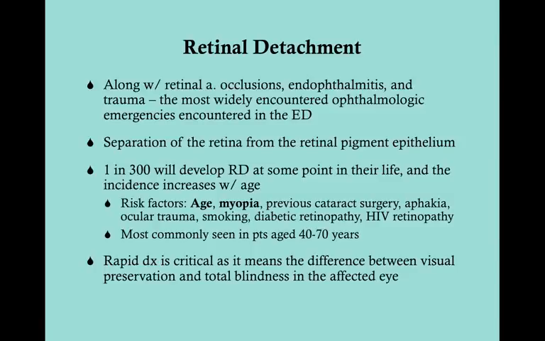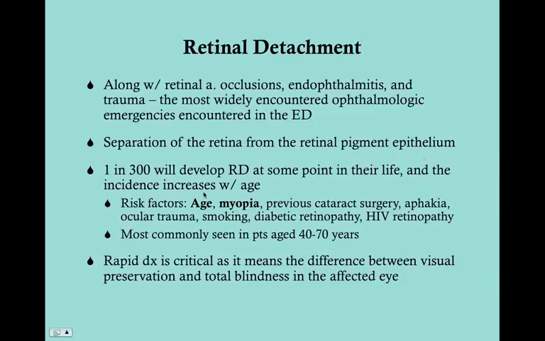The retinal pigment epithelium is a thin layer that sits between the sensory retina and the choroid, which is really the supportive structure exterior to the retina. So it's a separation of the retina from the retinal pigment epithelium.